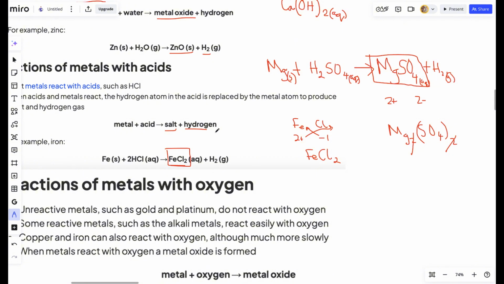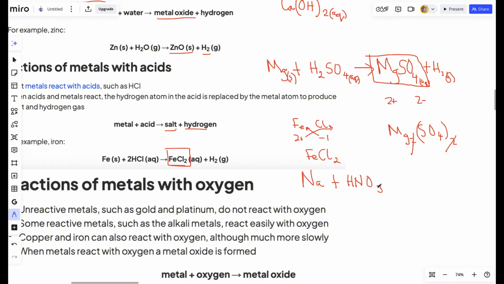What if we take nitric acid to react with a metal, let's say sodium? Sodium plus nitric acid, HNO3. We're going to study acids, bases and salts so that you refresh yourself with acids. HNO3 is called nitric acid.